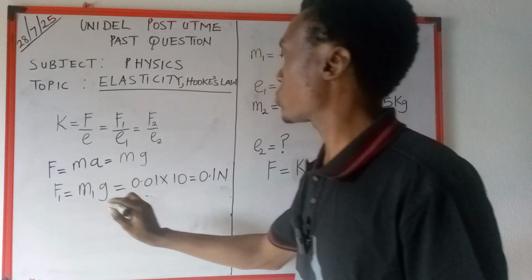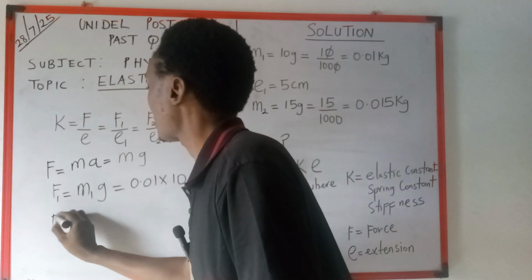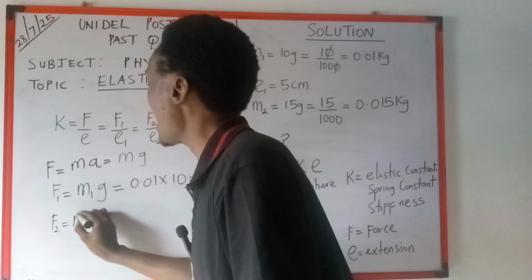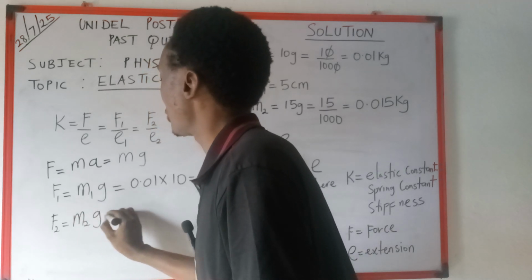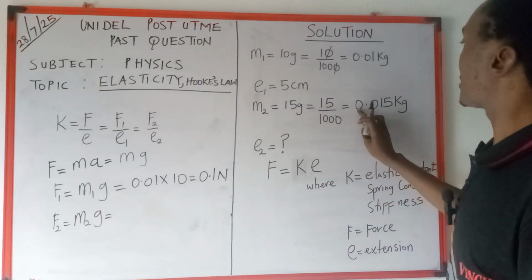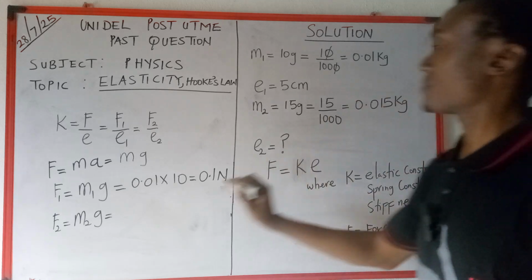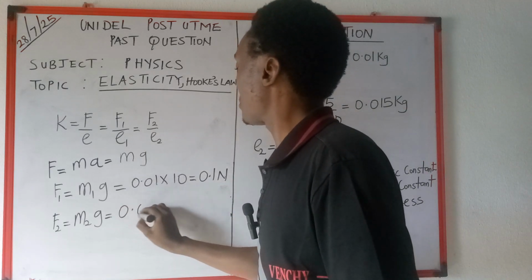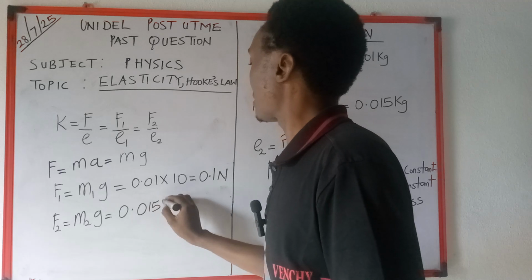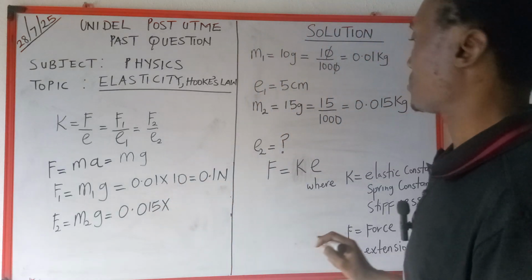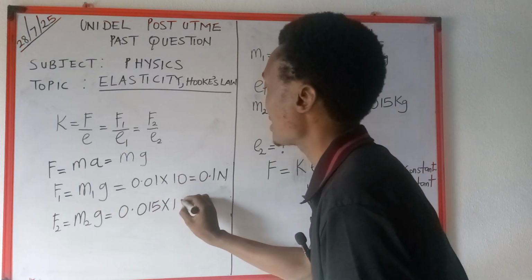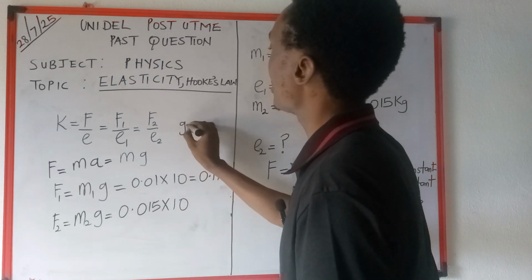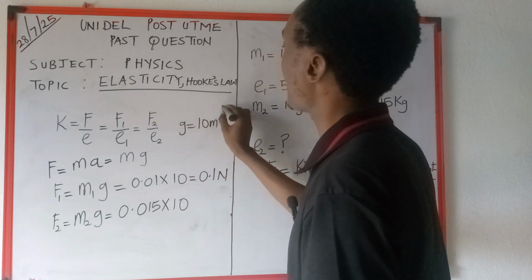So let's go to F2. F2 will be m2 g. What's my m2? 0.015 times 10. Take note, I said that g is a constant, in meter per second square.